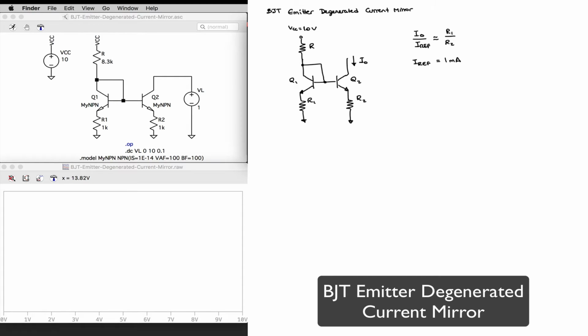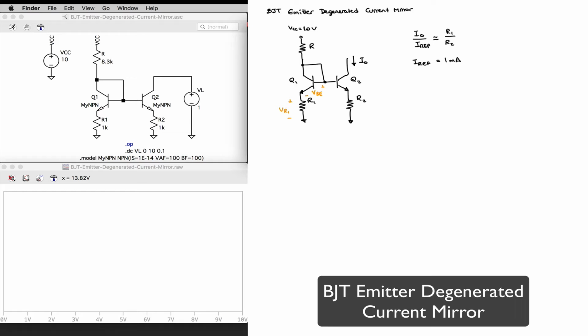Notice that now the voltage drop that I will have from the lower end of resistor R to ground is going to be 1 VBE plus the voltage drop across resistor R1, which we can refer to as VR1 perhaps.